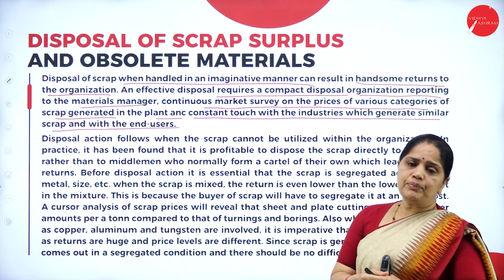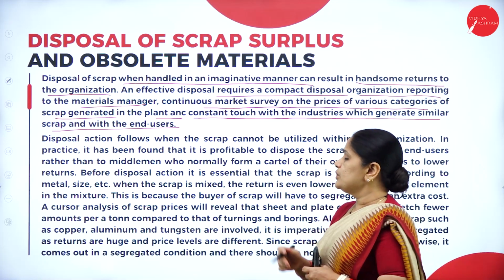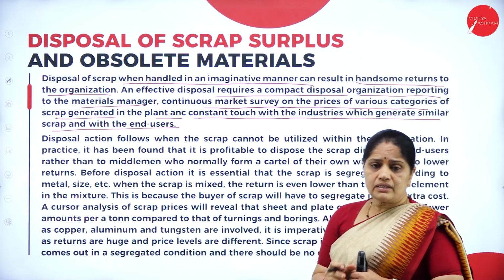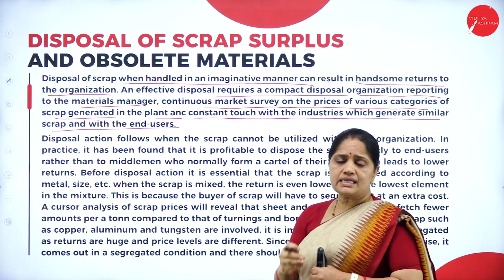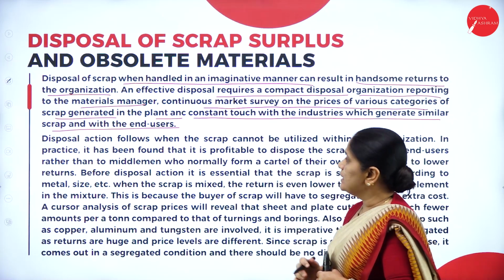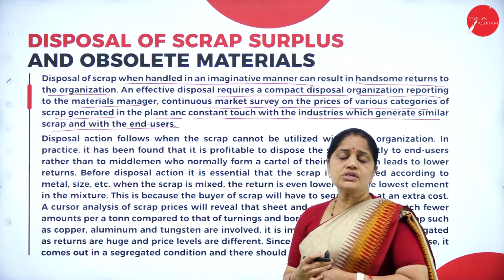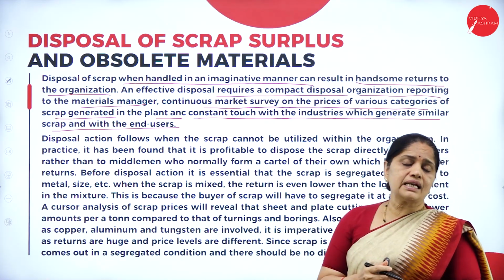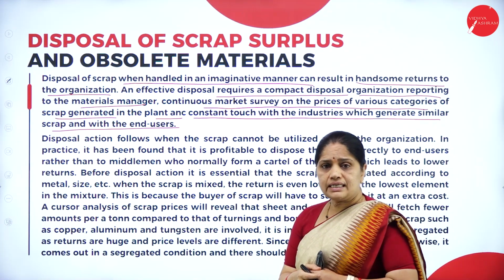So with the help of the materials manager, you should have a constant survey of whatever waste is arising from the production house. So you keep in touch with the materials manager, and you also have a market survey of the prices of various categories of scrap generated in the plant.